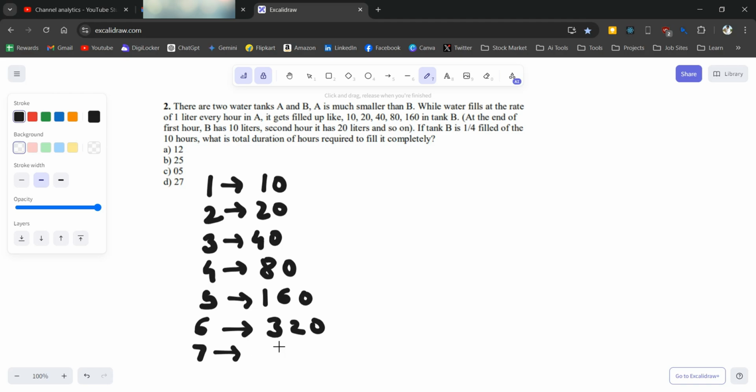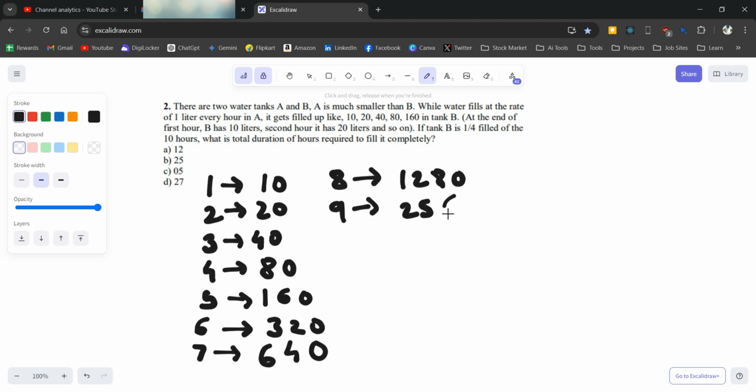Then in the seventh hour, it will fill 320 plus 320, that is 640. In the eighth hour, it will fill 1280 liters. In the ninth hour, it will fill 2560 liters, and in the 10th hour, it will fill 5120 liters. We will write till 10. After that, we will see it.